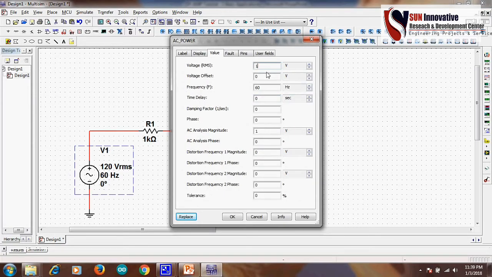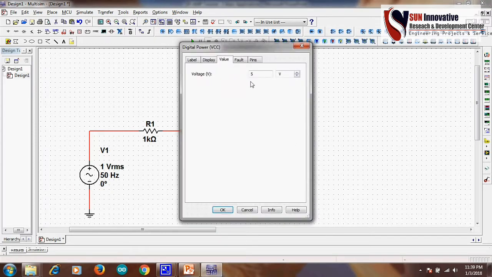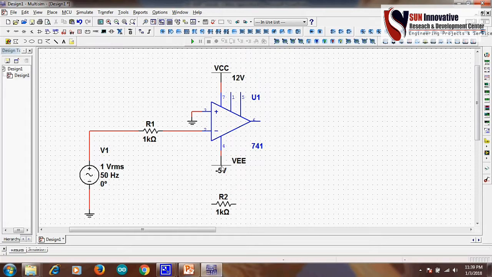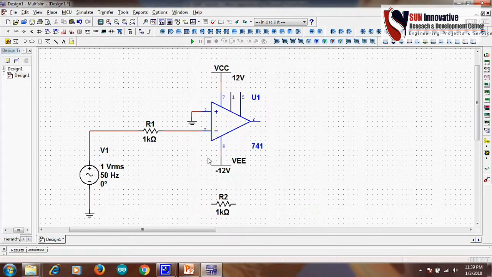Now I am taking 1 volt as the input voltage and 50 Hz frequency, and according to the datasheet of 741 we can apply the biasing voltage as plus and minus 12 volts.